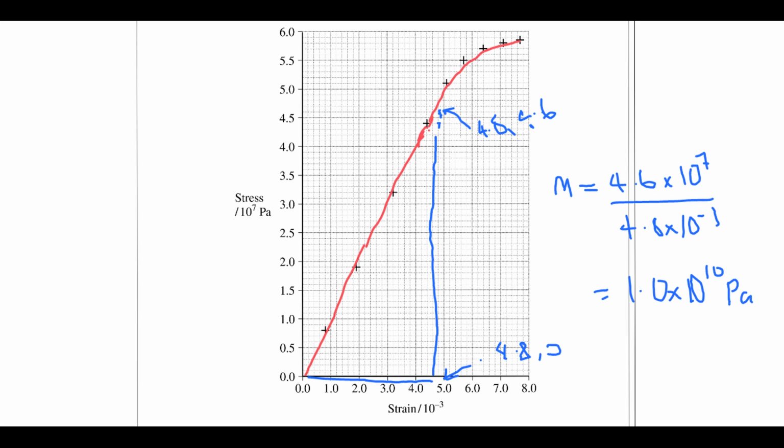That can be the unit, or you could give it in newtons per meter squared, which is the typical unit I would give that in, because it's stress over strain.